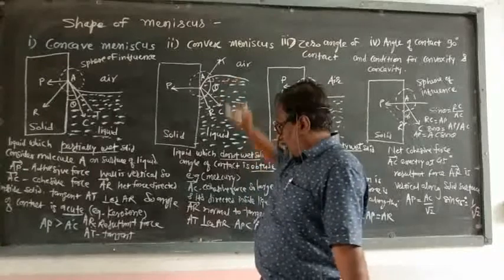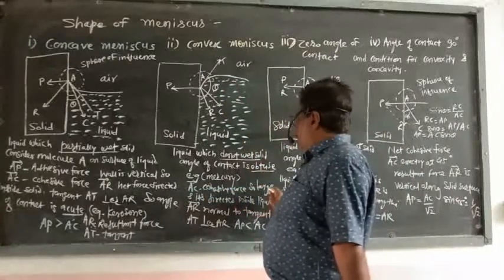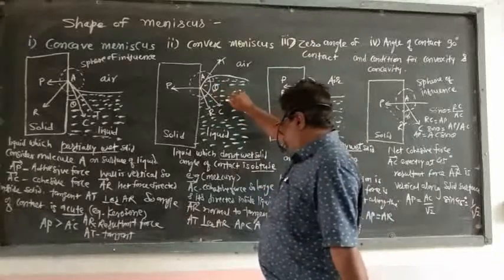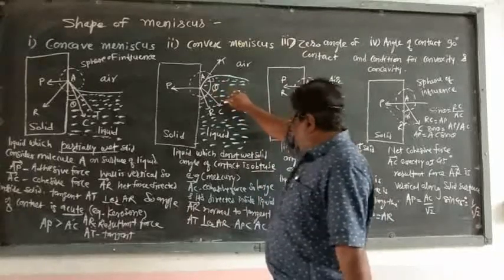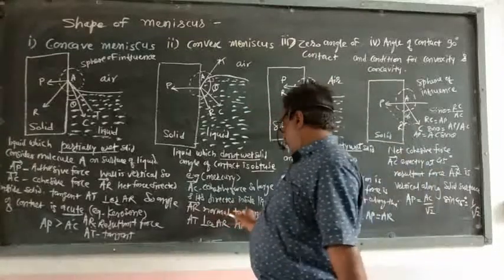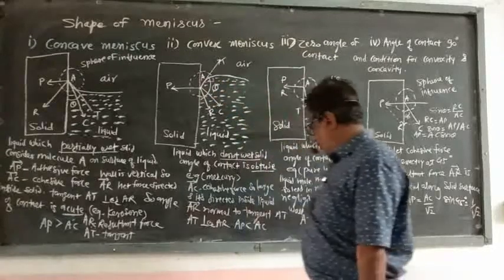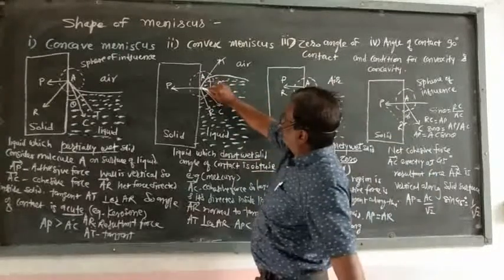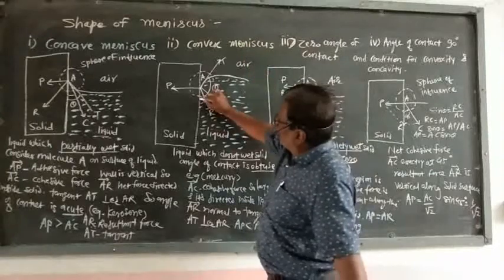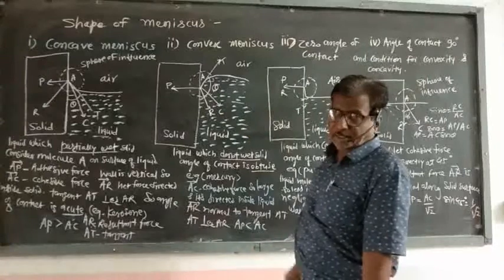Here in this figure also, AC is the cohesive force. It is so large and it is directed inside the liquid. AR is normal to the tangent AT. The angle between them is represented by the letter theta.